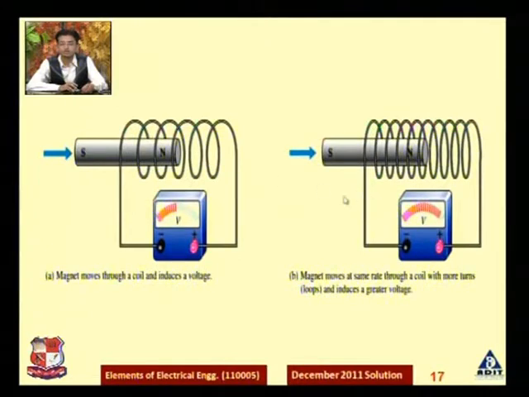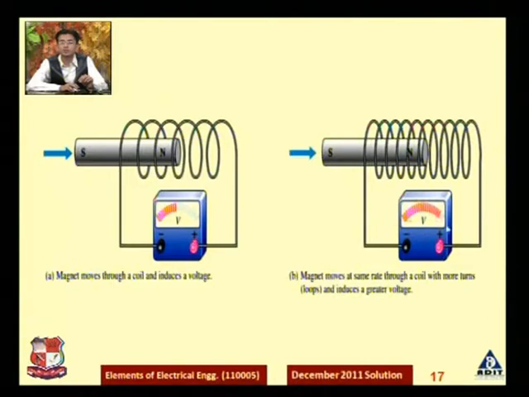Let us understand the second observation. What can you see in these two diagrams? In the first diagram, the coil has fewer turns, while in the second there are many turns wound on the coil. What is the difference between these two? You can see that the voltage produced, or the EMF induced, is more in the second case.